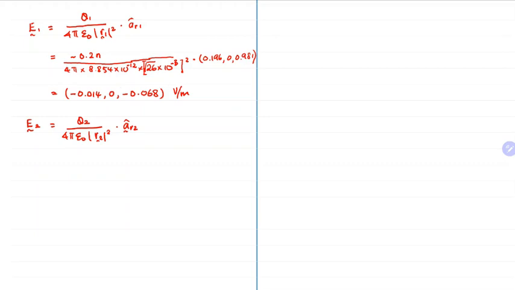I'm not going to rewrite all the values, but just quote the solutions. That will be equal to (-0.014, 0, 0.068) volts per meter.